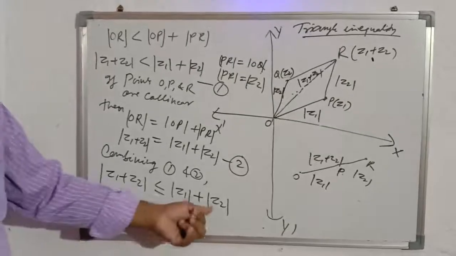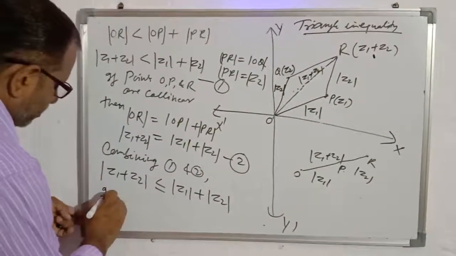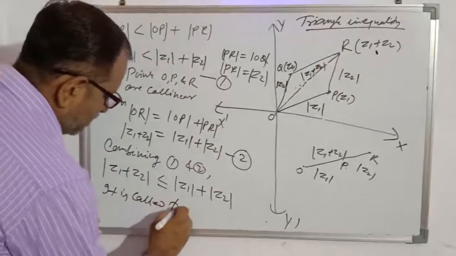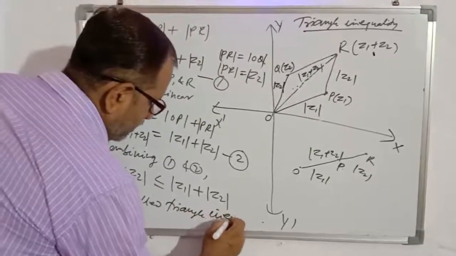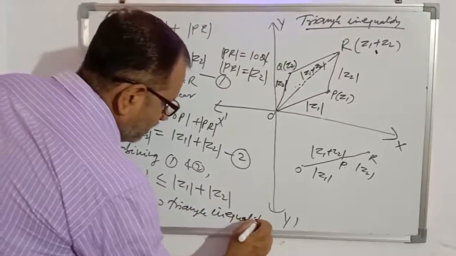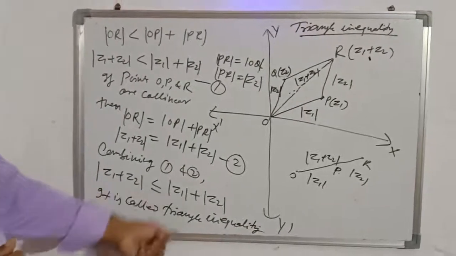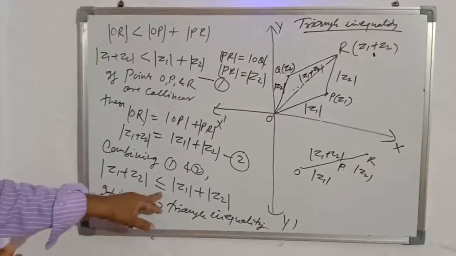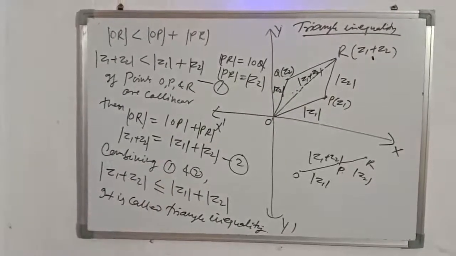This relation is called the triangle inequality. Mod of Z1 plus Z2 is less than or equal to mod of Z1 plus mod of Z2. If the points are collinear, then it will be equal. If the points are not collinear, then it will be less than.